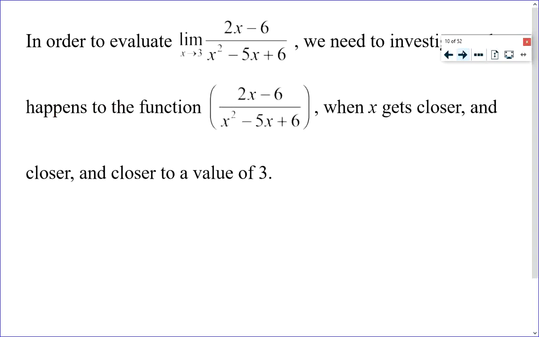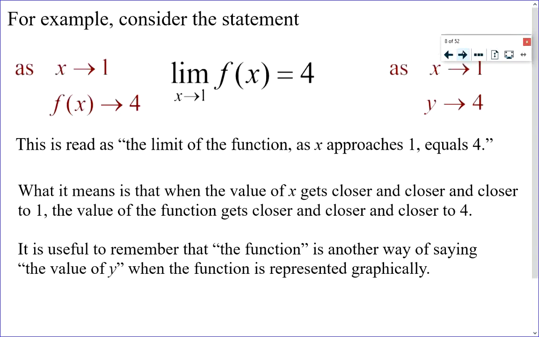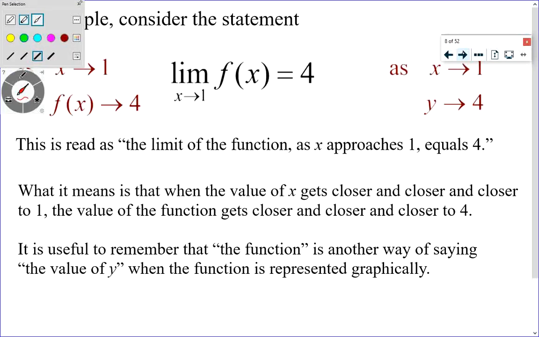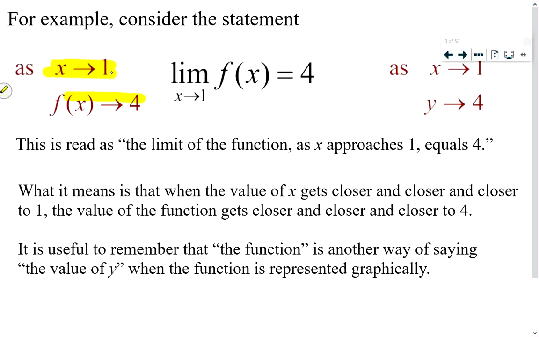And what that means, if you look up here, is that as x approaches 1, f of x approaches 4, and that tells us that as x approaches 1, y approaches 4. That's as simple as it gets in terms of an explanation. The limit as x approaches 1 of f of x is equal to 4 means when x gets closer to 1, y gets closer to 4.